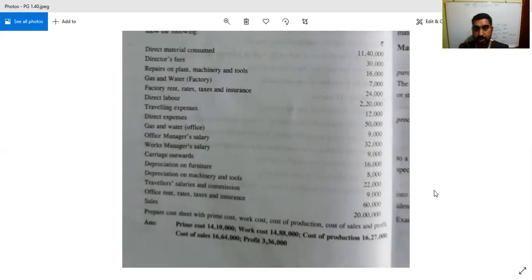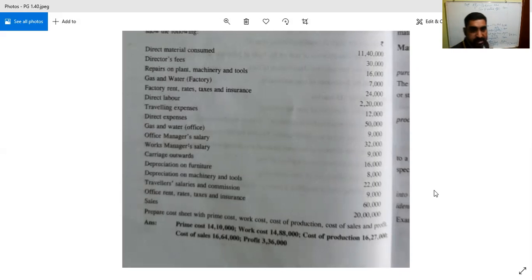Factory rent, rates, tax and insurance already taken. Direct labor 2,20,000 already taken. Traveling expenses are in selling and distribution. Direct expenses 50,000 already taken. Gas and water 9,000, that is the first item. Gas and water office, it is 9,000 to be added along with this.